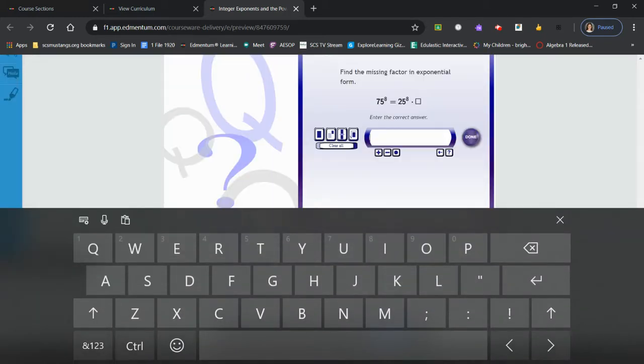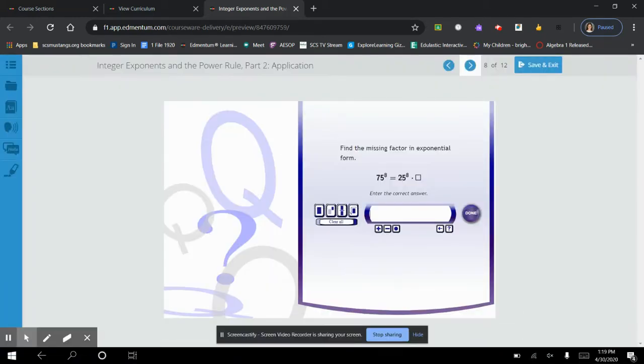Looking at the next slide, they've started to switch things up on us. Instead of them giving us all the things, they're asking us to come up with one of the things. So we need to figure out what number, so whatever this is going to be to the 8th power, using that rule where we were looking at a times b to the, and I don't remember exactly the numbers that they use, but that's what we're looking at.